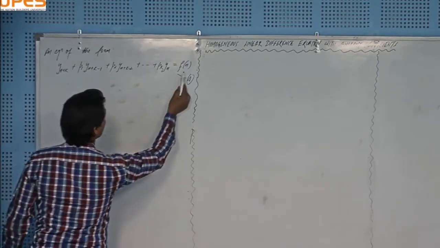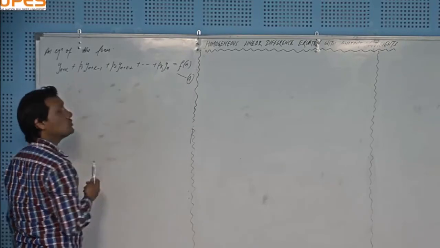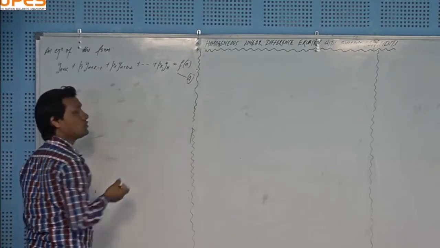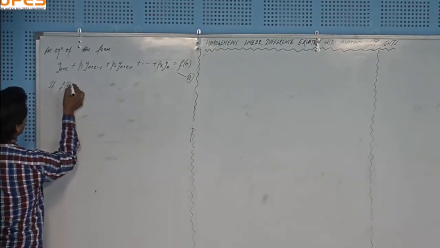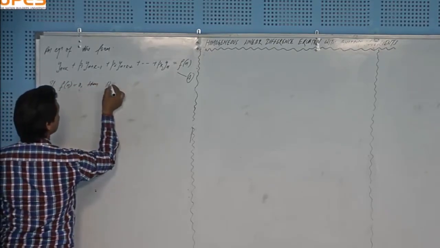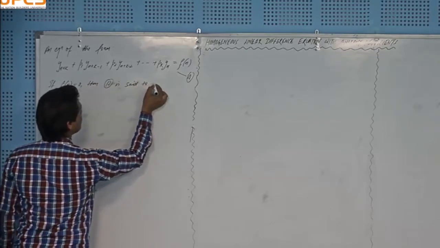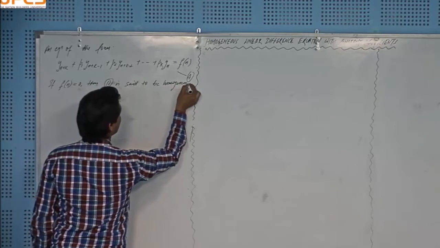And we have here this function f(n), right? Since we are interested in finding the solution of a homogeneous difference equation, I should set this f(n) equal to 0, right? If f(n) equals 0, then this difference equation A is said to be homogeneous, right?